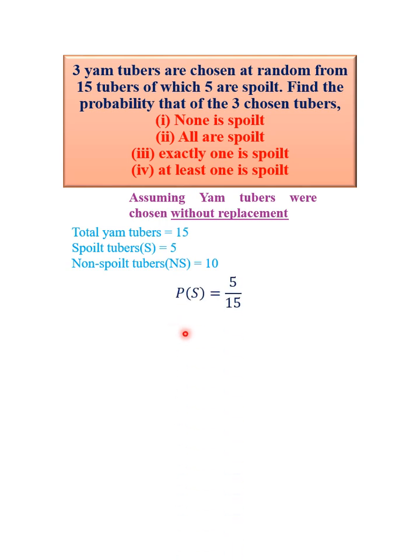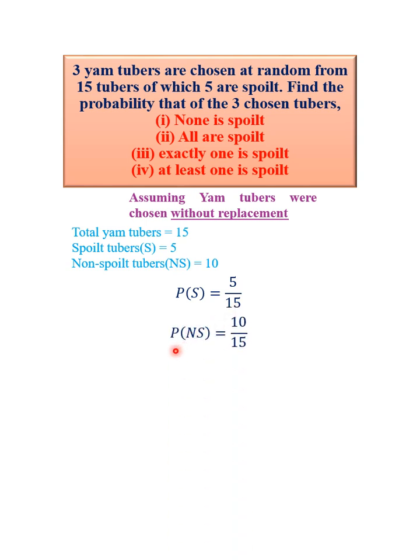First, we want to establish what is the probability that a tuber of yam chosen is spoiled. What is the probability of spoiled tuber? The spoiled tubers are 5. So we write 5 all over the total number of tubers we have, 15. So the probability that a tuber will be spoiled, P(S), is equal to 5 for the number of spoiled tubers all over 15 for the total yam tubers.